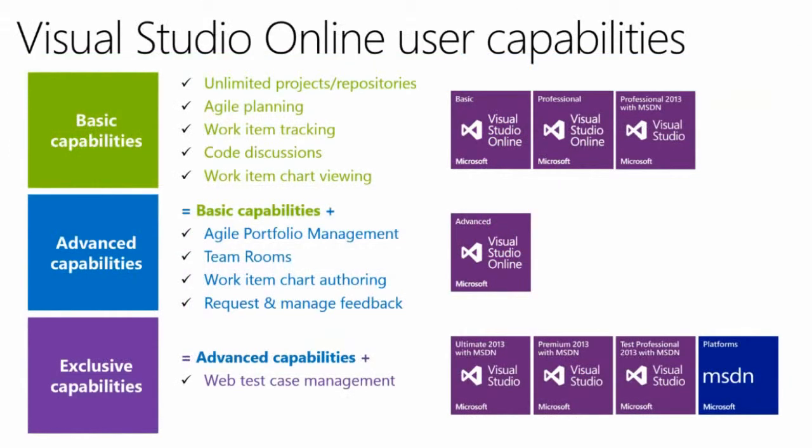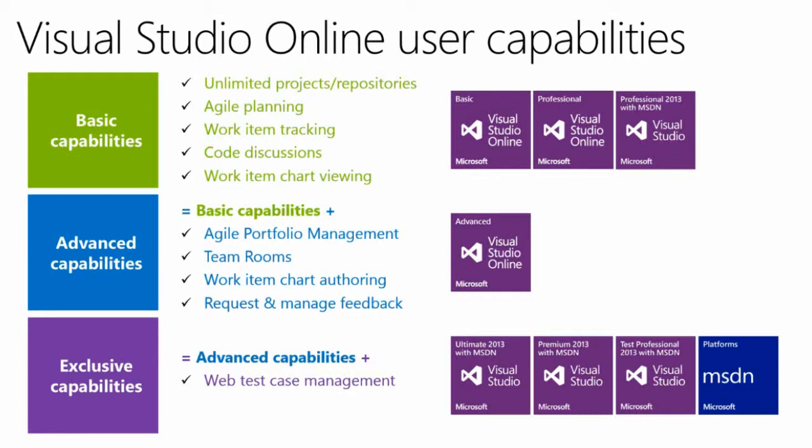So the differences about the plans that are available are really around the capabilities. So we have three buckets that I typically will bucket the plans in. So we've got basic capabilities, so you can have unlimited projects and private repositories. We have agile planning tools, work item tracking, code discussions, and work item chart viewing.